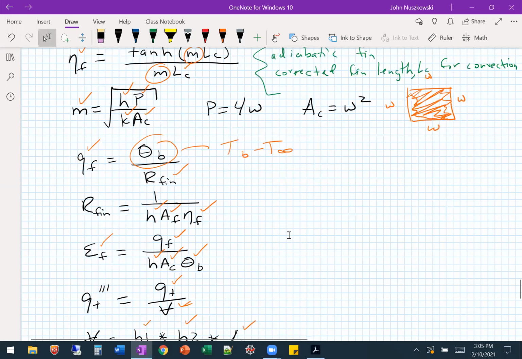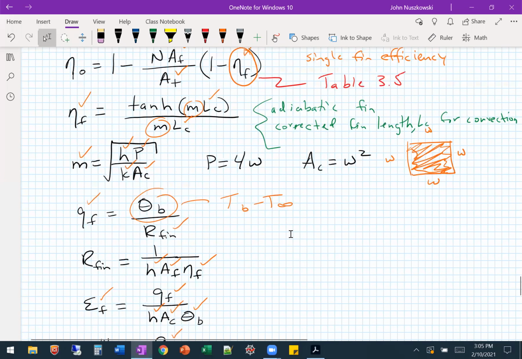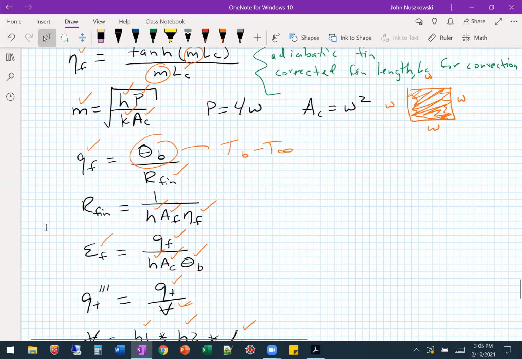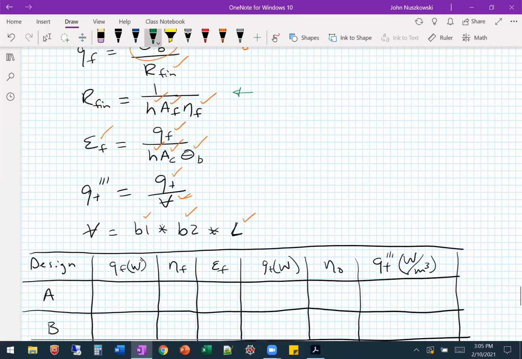We need that parameter M, which requires perimeter and cross-sectional area. Now we can look at what other parameters they solve for. The fin heat, QF, means we needed the resistance of a single fin, which is this equation, and we already have all the parameters above. They also asked us for effectiveness, which we also have all these parameters for, so we're just rearranging it.